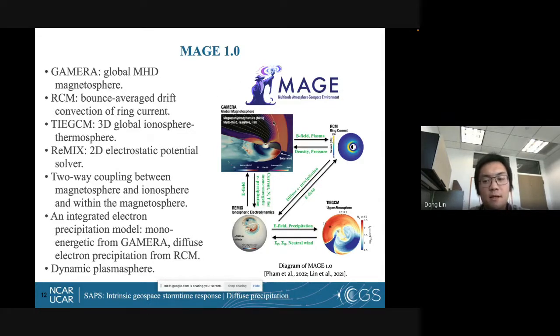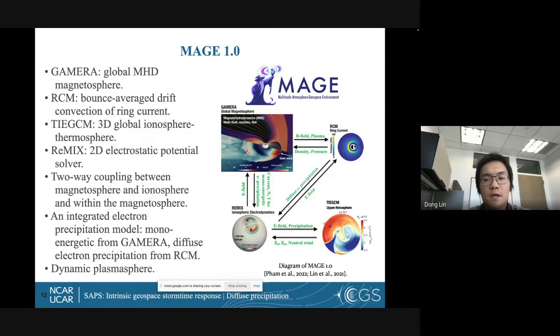Basically, it consists of the Gamera global MHD model of the magnetosphere. This is an upgrade of the well-known LFM model, and it's two-way coupled with a ring current model called RCM, the Rice Convection Model.